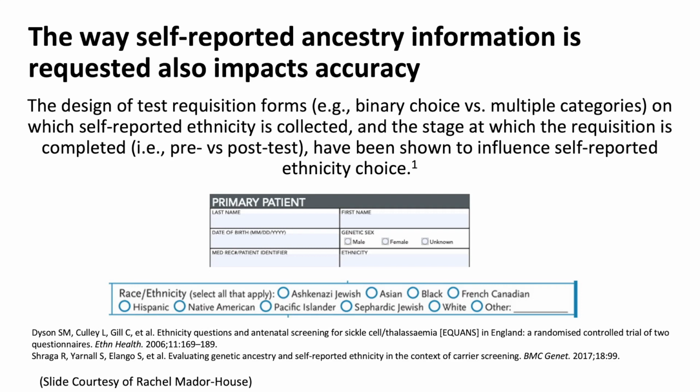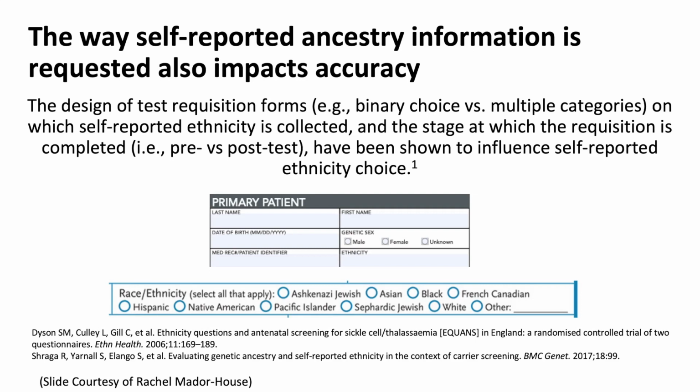Then there's this other thing, so you can fill in something, but who knows whether we actually have attempted to calculate a residual carrier risk that matches whatever someone puts in other.